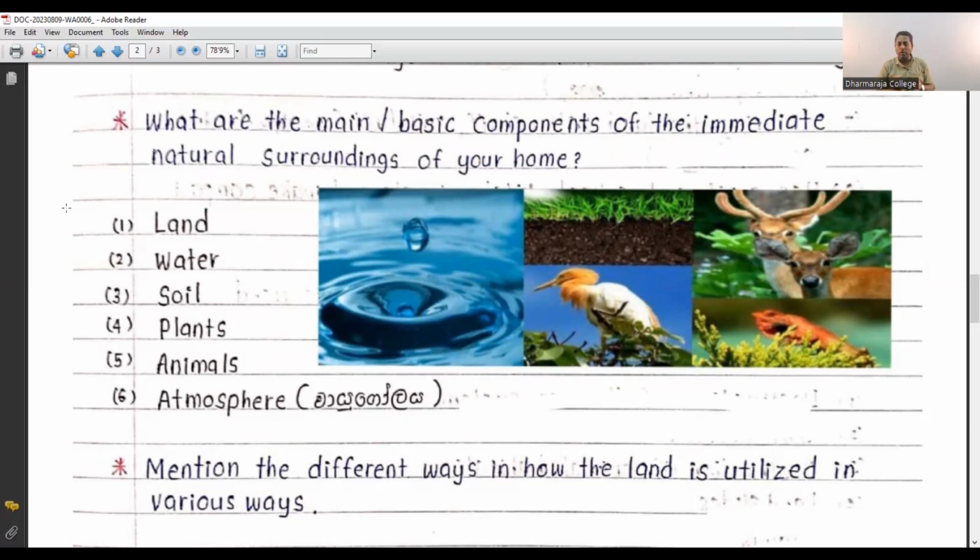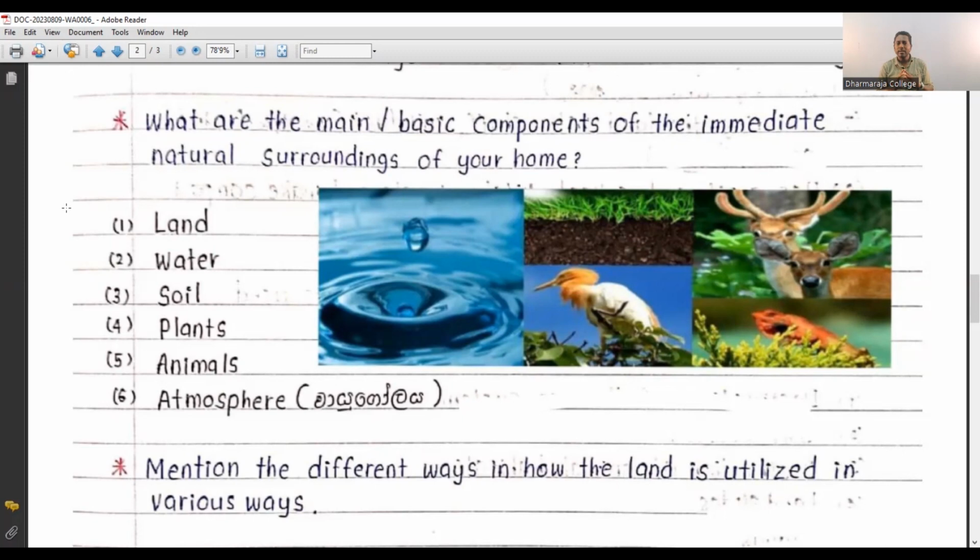Land, water, waterfalls, soil, plants, animals, forests, rivers, and the atmosphere. What is the atmosphere? Vayugolaya. What else? You can also see some other artificial, man-made things: roads, buildings, parks, playgrounds.